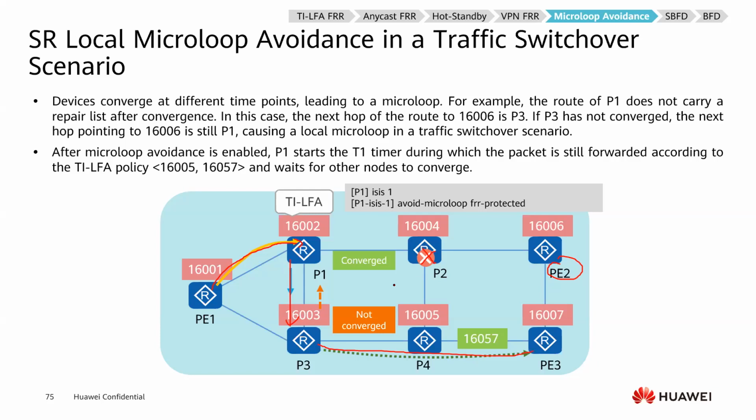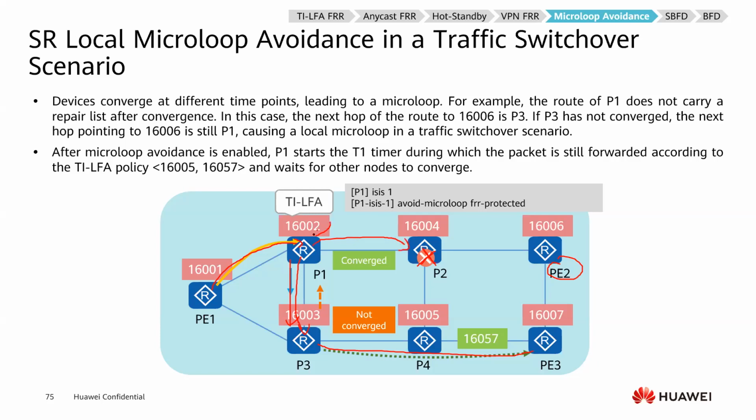But later, when P2 is recovered, P1 will not do the FRR. It will not send to P3 because it knows that I do not need to use P3 anymore. So P1 will send to P2.